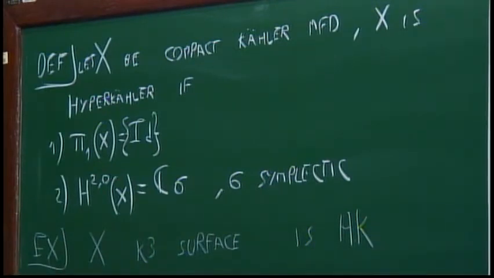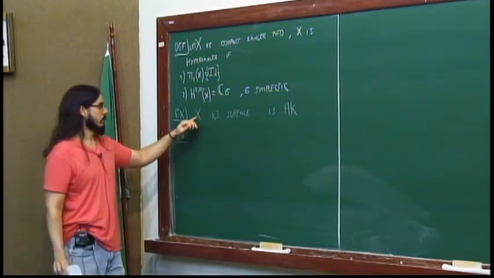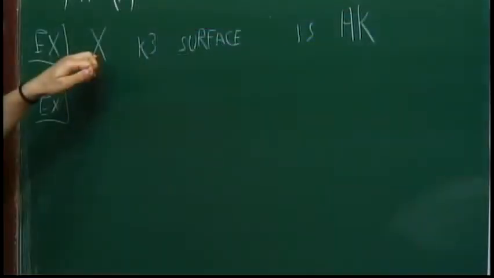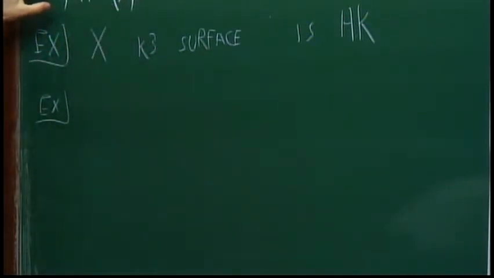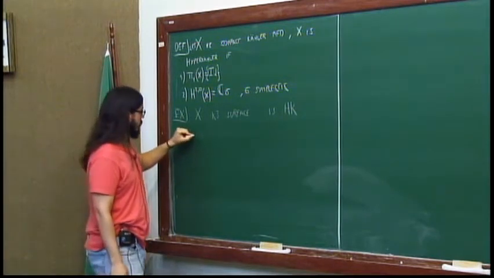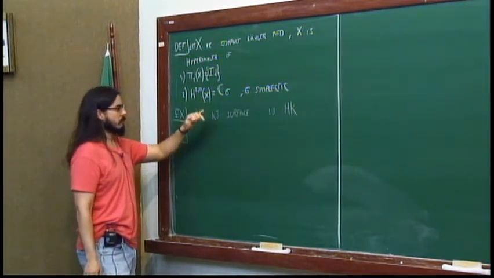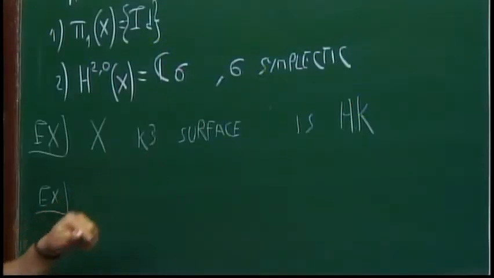And some more examples are built from the two symplectic surfaces we know, the symplectic Abelian surfaces or K3 surfaces. First one is the Hilbert scheme of zero-dimensional subsets of the K3 surface.